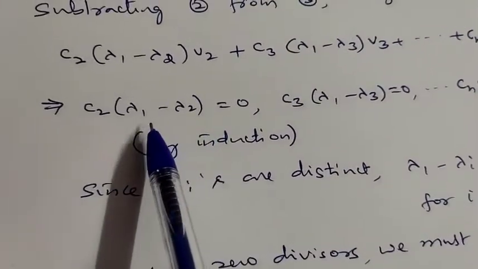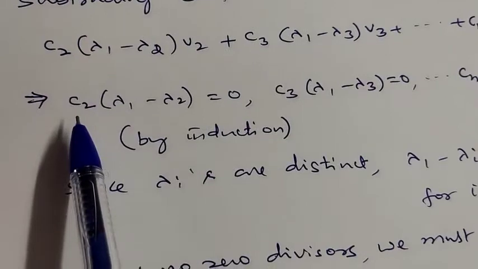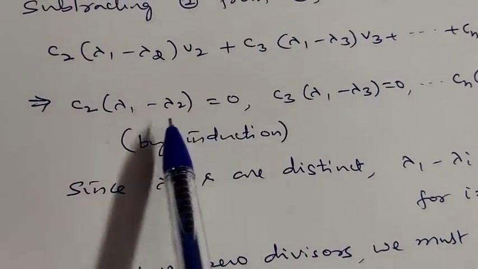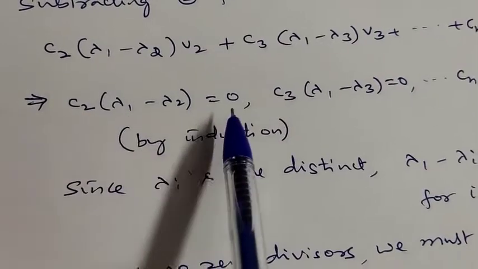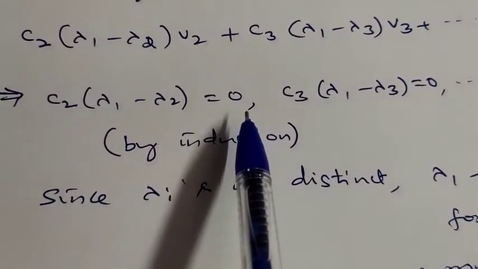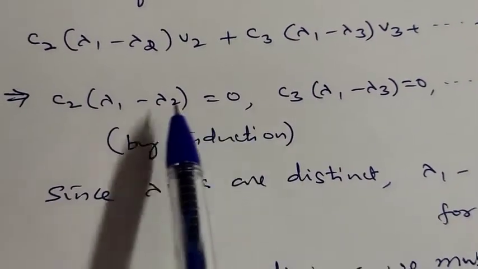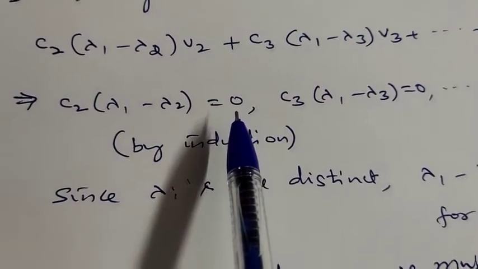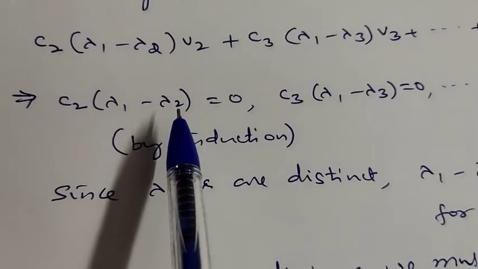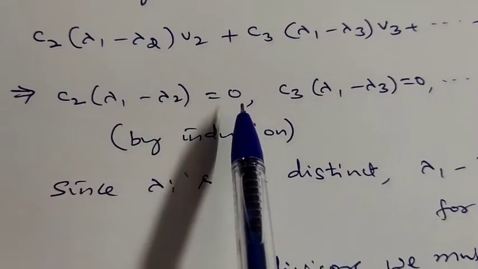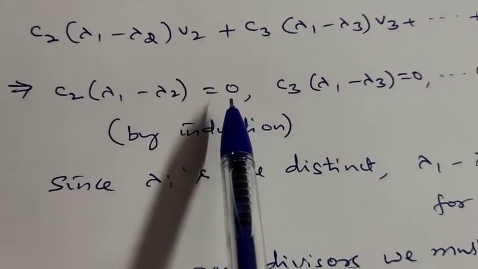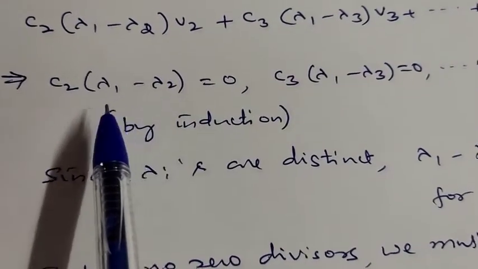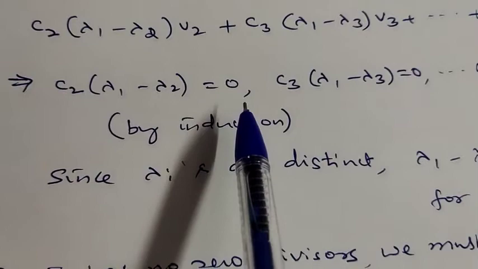These are all elements of field F, but a field has no zero divisors, meaning multiplication of two non-zero elements cannot be equal to 0. So lambda 1 minus lambda 2 is not 0, but c2 into this is 0, so we arrive at c2 must be 0 because F has no zero divisors.